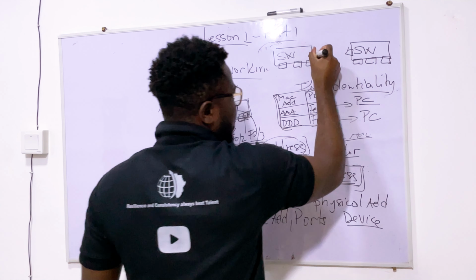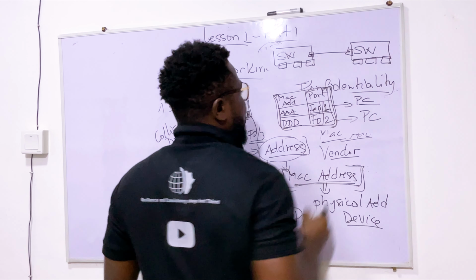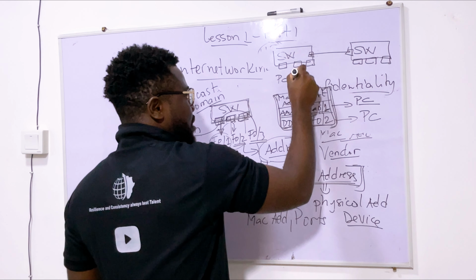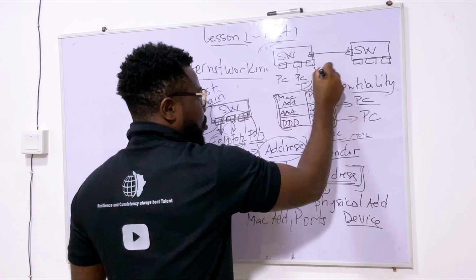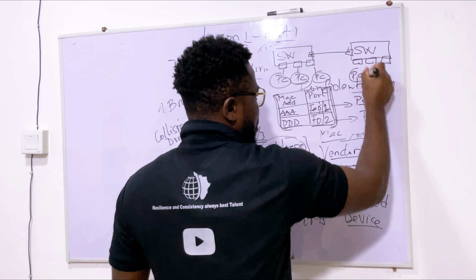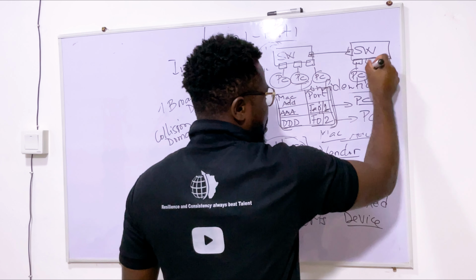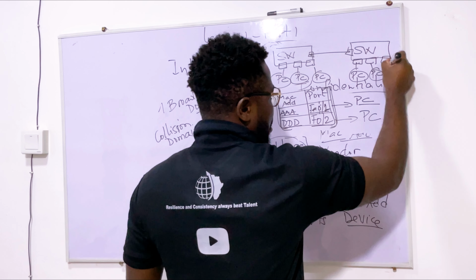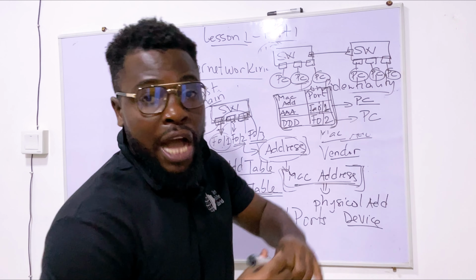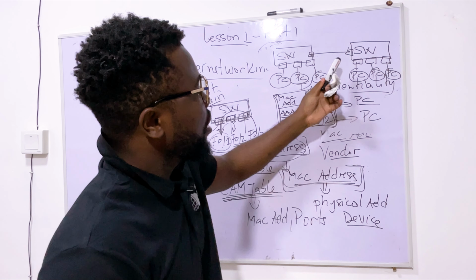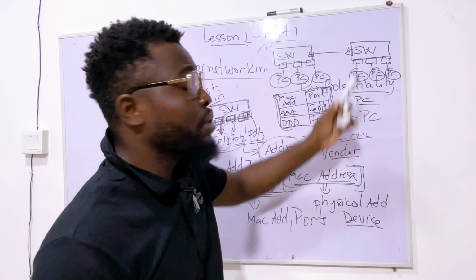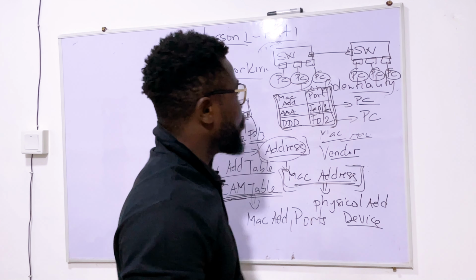I say this is connected to this, and I have devices connected. And then in this scenario, if they ask you how many collision domains do we have, how many broadcast domains do we have?